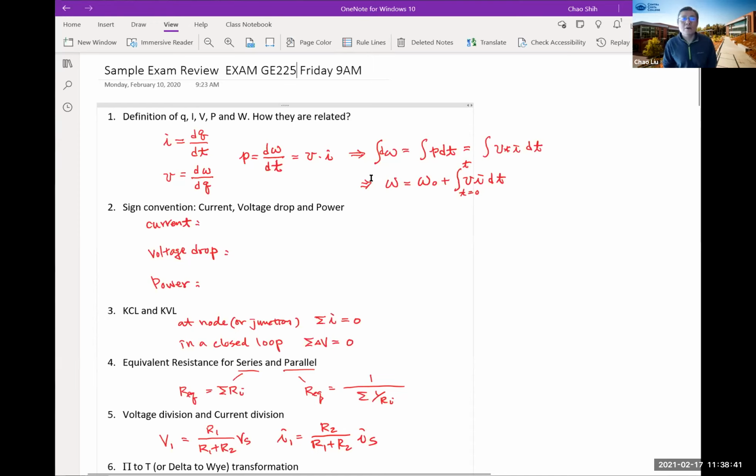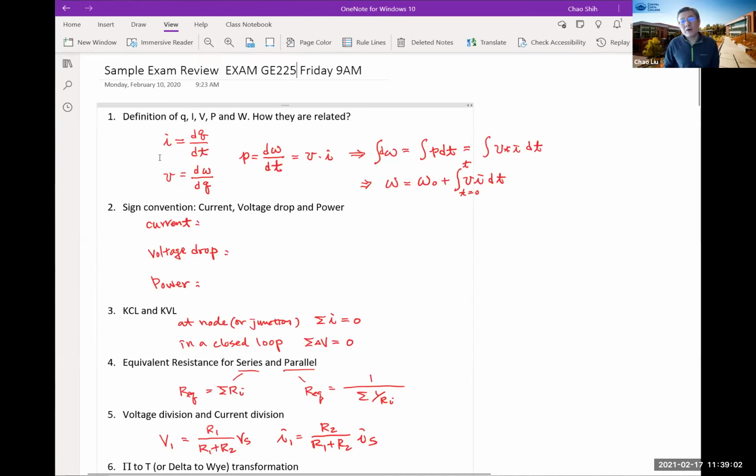So if you integrate the power to get the energy, which is ω, then you should have an ω zero, that is the initial energy stored in the device. So don't forget about that. If that's the case, then you have to include this one to get the solution.